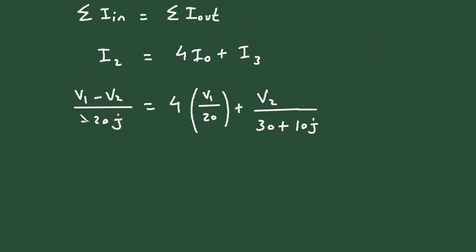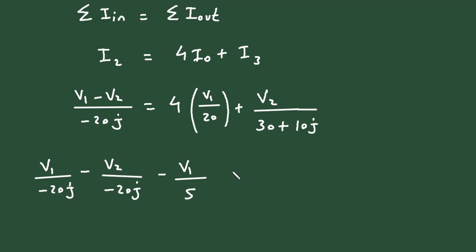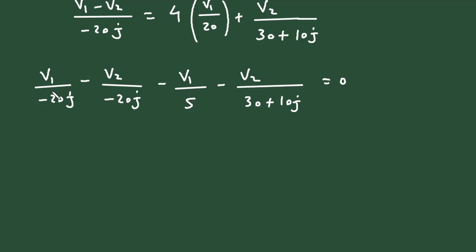Now let's simplify this. So it will be V1 divided by minus 20J minus V2 divided by minus 20J. Now if we take this on left side, so it will be minus 4 by 20 means it will be simply V1 by 5 minus V2 divided by 30 plus 10J is equal to 0. Now here we can take V1 common.